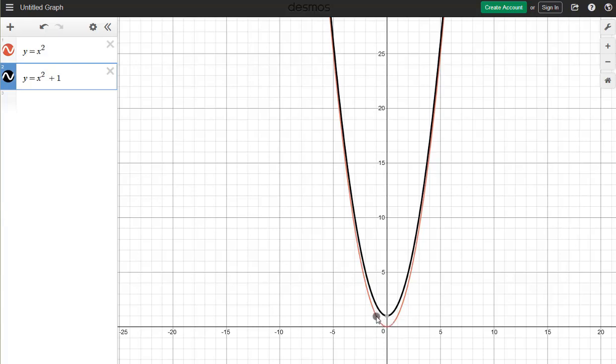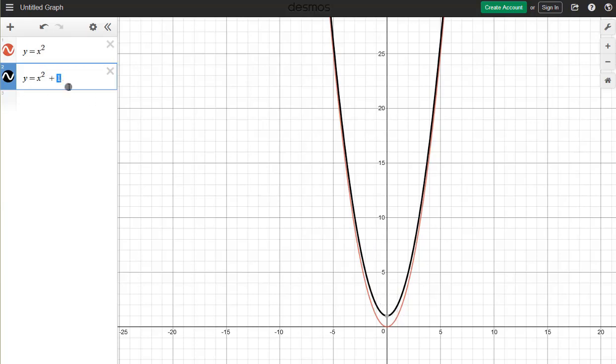Where we used to be at 1, 1, negative 1, 1, we're now up here at negative 1, 2 and 1, 2. So what happened was that everything that we used to get out for y is now plus 1. So it raised it up 1. It moved the whole thing up 1.